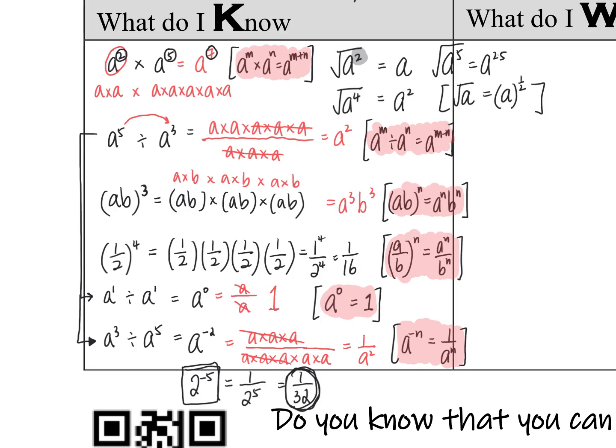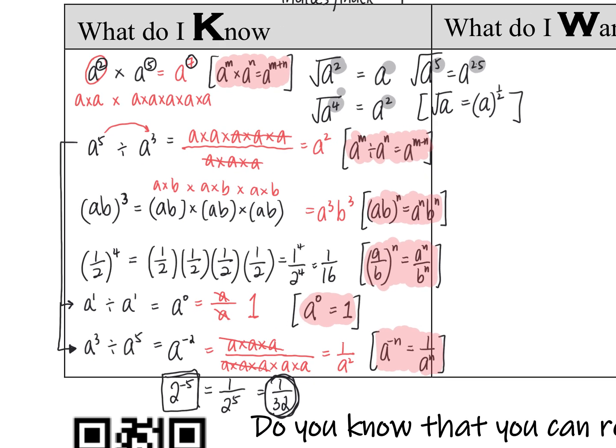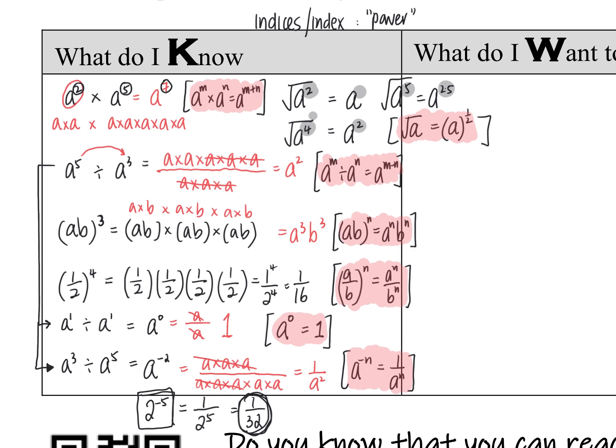That's why all these numbers you see here, they were halved. Because square root means you halve the power. So you have subtly learned this when you were in Sec 1, where you do your index notation and then you find your perfect square and then find the square root.